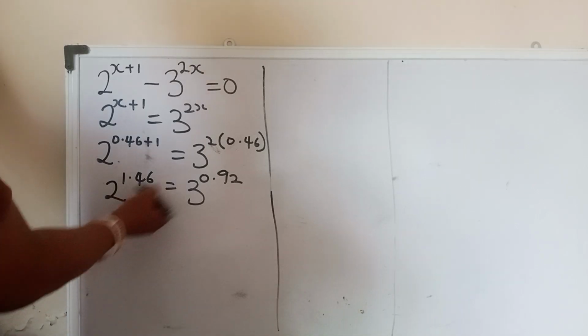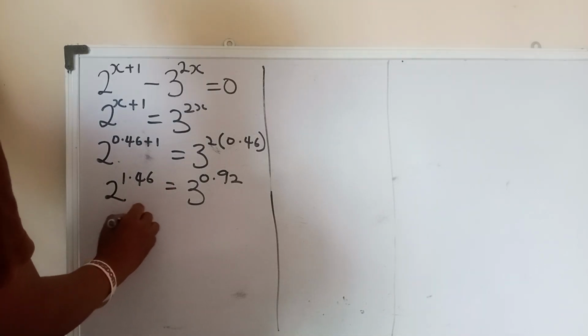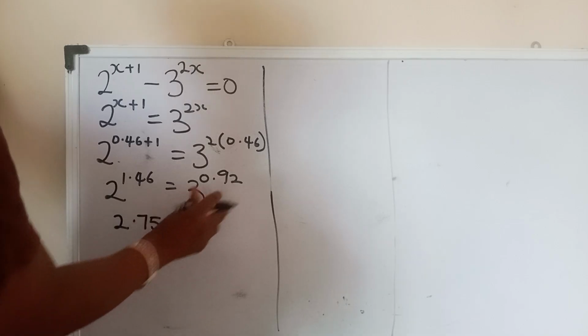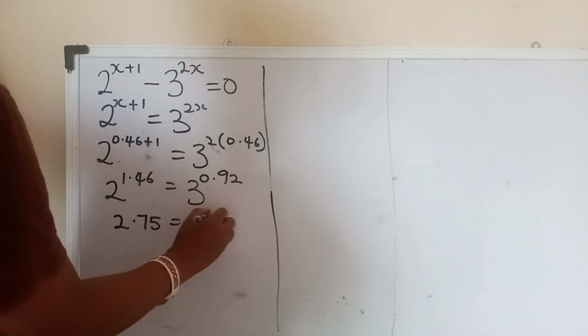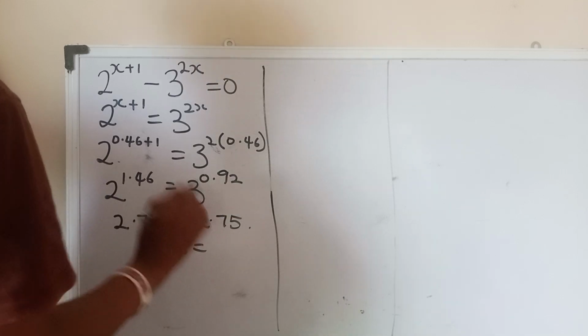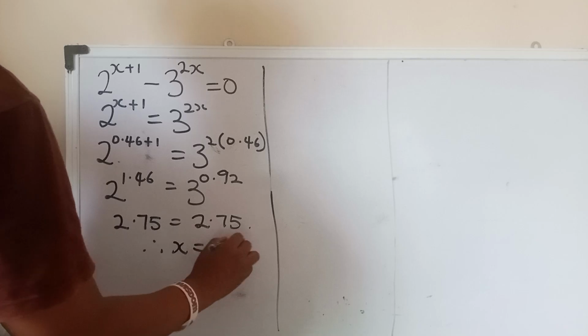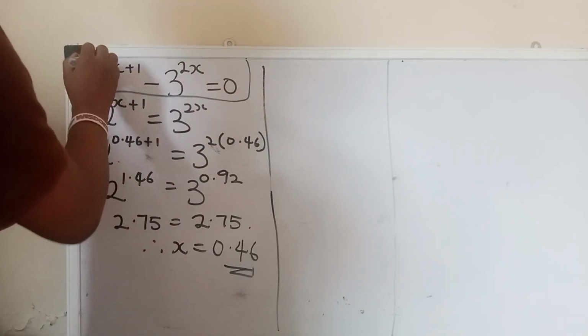When you punch your calculator, 2 to the power of 1.46 will give us approximately 2.75. And if we do the same here, 3 to the power of 0.92 is going to give us the same value. So therefore, x is indeed equal to 0.46 for this given equation.